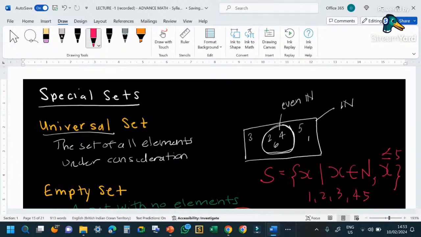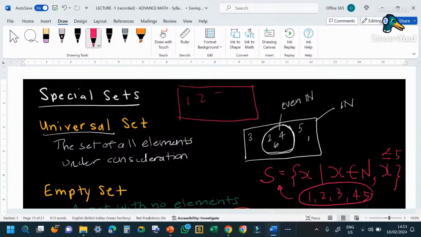So this is what the notation means. And this 1, 2, 3, 4, 5 will be in a universal set. Universal set will be placed in a rectangle. So you put all your x's here, 1, 2, 3, 4, 5. So these are the set of elements under consideration. Why consideration? Because you have a condition set in your set builder notation.